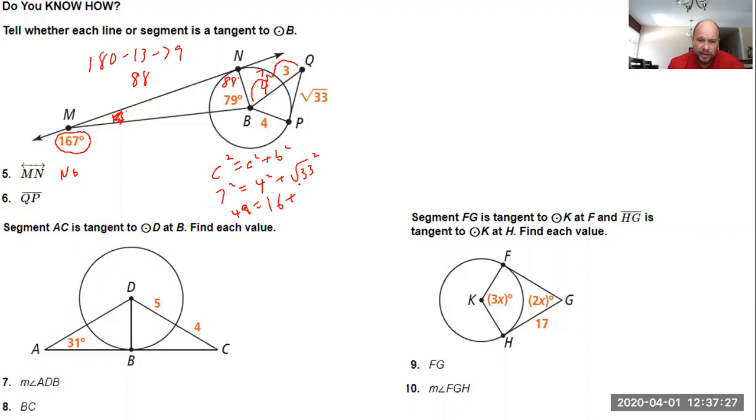That squared is just going to cancel out the radical, so that's 33. If we add those together, we do get 49. So 49 is equal to 49. We get a true statement, which means that this is a right triangle. So that is going to be a tangent. All right. Number 7.